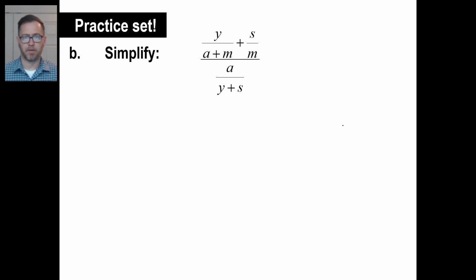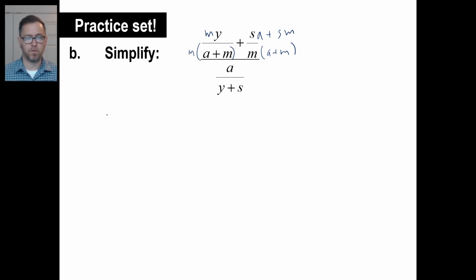All right, B is kind of tough, but let's attack it here. So we know we need an m here, multiplied by there. We need an m here. And then over here we need a plus m. I'm just going to distribute the s times the a plus m. So that'll be plus sa and then plus sm. Good?